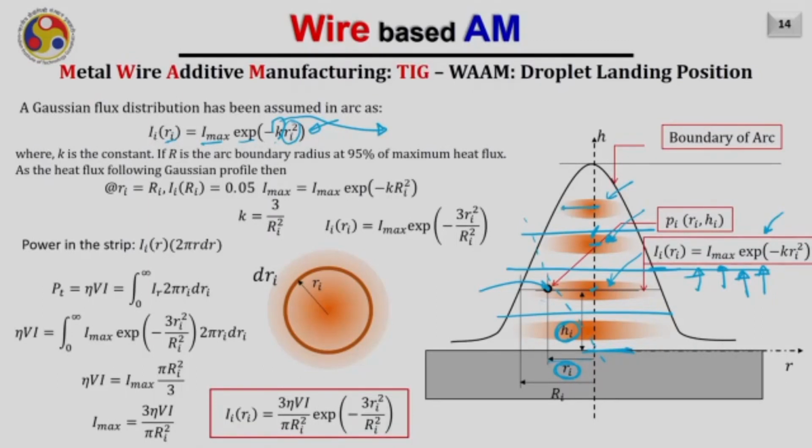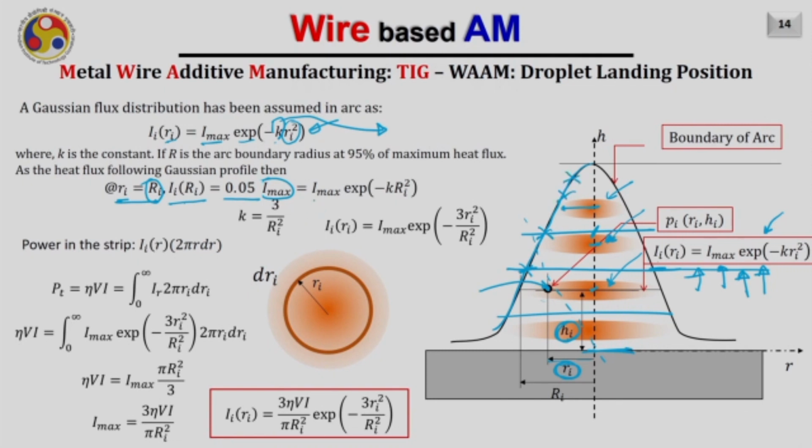If it is a Gaussian distribution, then at Ri equals some capital Ri, that is nothing but the boundary of this curve which is represented by Gaussian again, this position will be obtained when the intensity is reduced by 95% of its maximum intensity, so the intensity is 0.05 of the maximum. Hence when it becomes this much of the maximum, that will be the position Ri, and that will be nothing but the boundary everywhere.